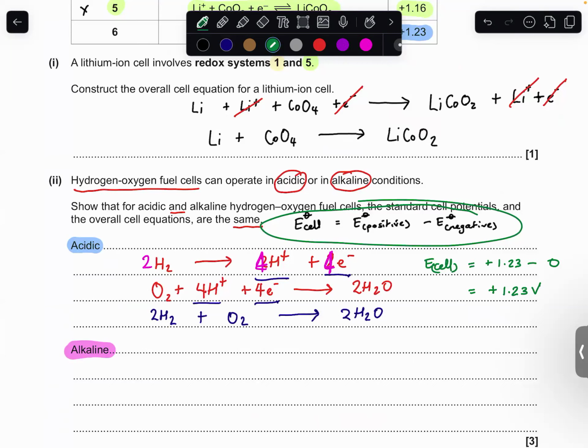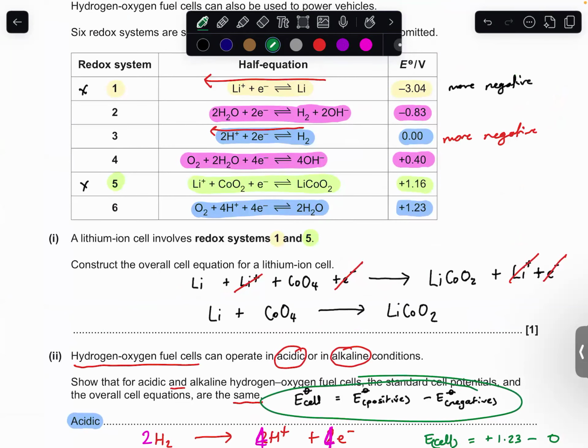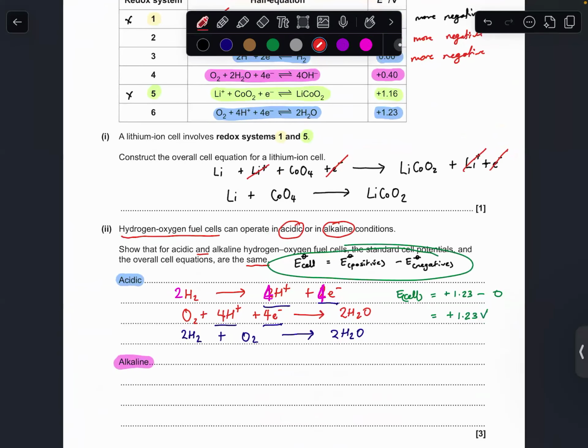For the alkaline one, highlighted pink, which one is the more negative out of the two? It's the redox system 2. So we write more negative. And being more negative, we're going to flip that. Remember, this is under alkaline conditions. How do we know it's alkaline? Because of the hydroxide ions. Let's just zoom out a bit there.